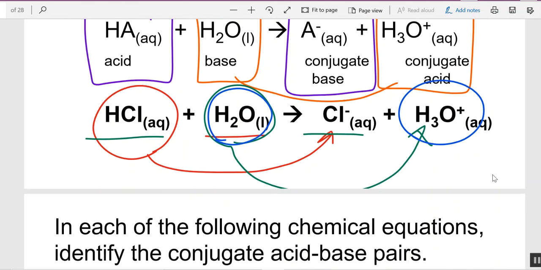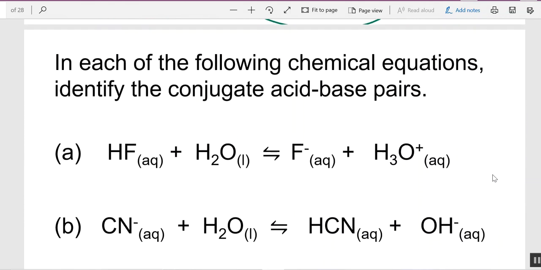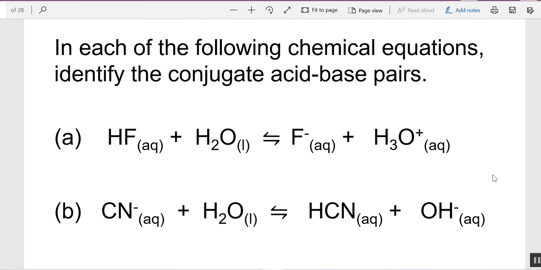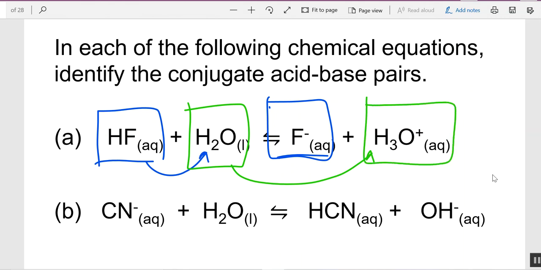All right, let's try doing this. For each of the following chemical reactions, identify the acid conjugate base pair. If you look over here, HF, and this is the fluoride ion. You can see that this is the acid. It donates the proton to water, and itself becomes the conjugate base. On the other hand, because this is a base, it accepts the H plus from HF and becomes the hydronium ion, a conjugate acid.